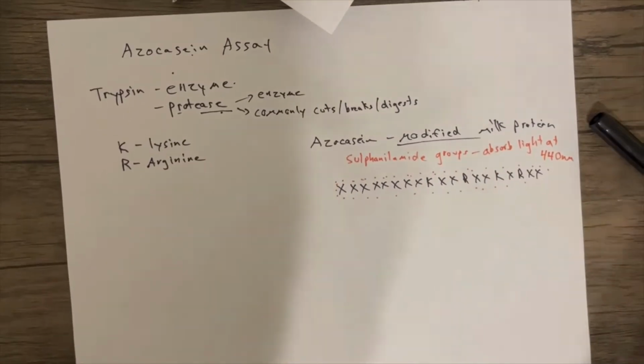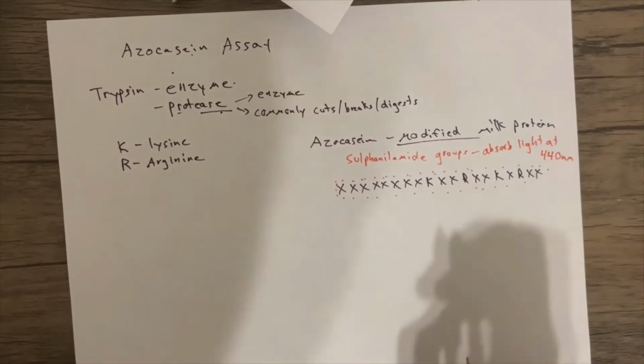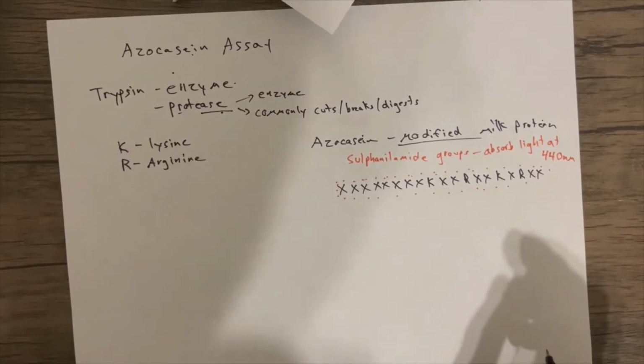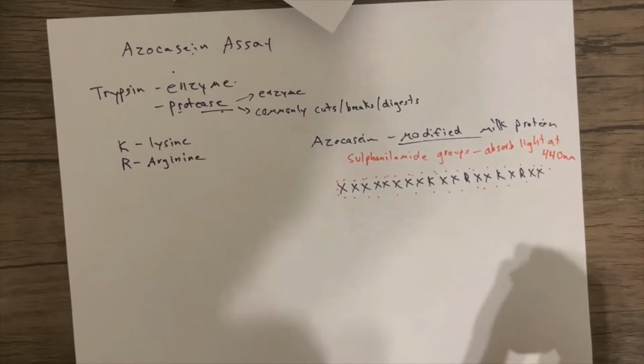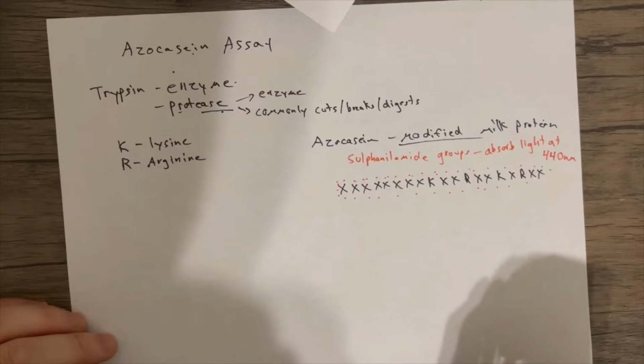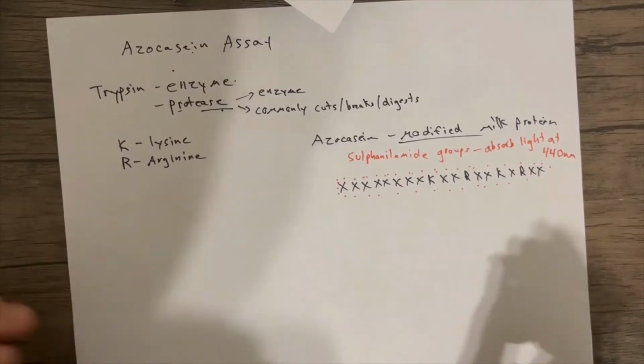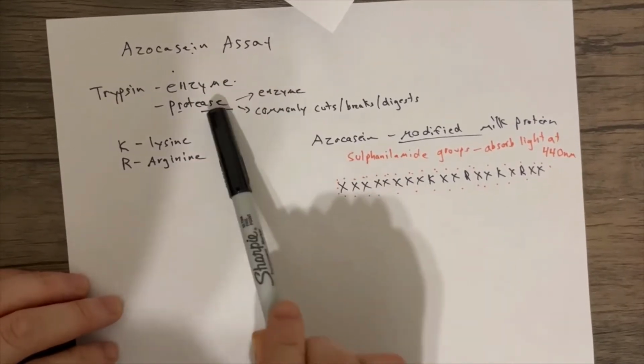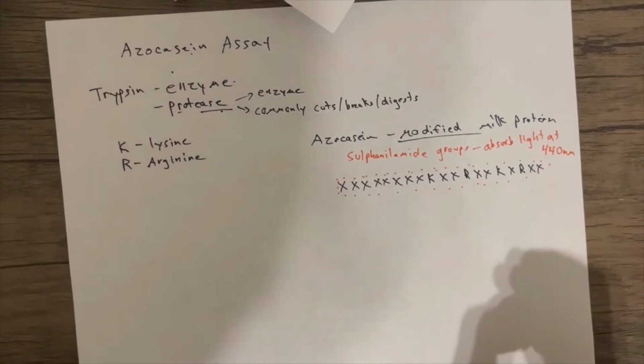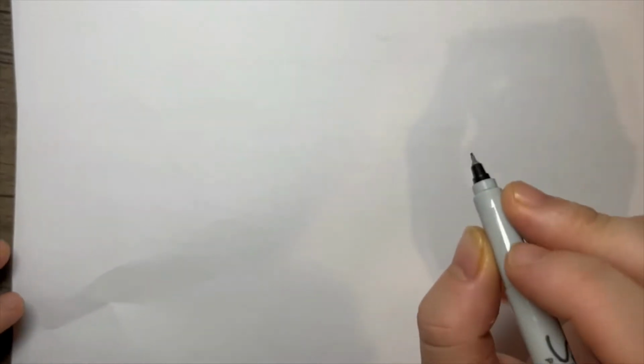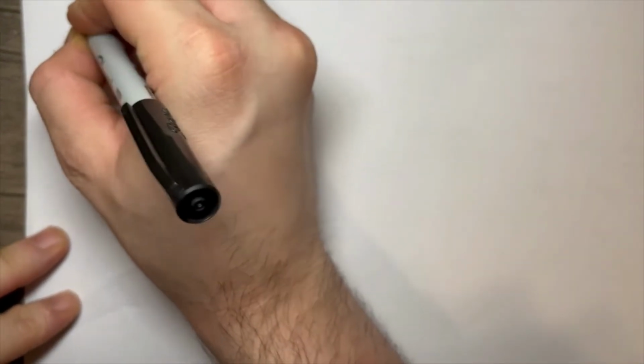So given all this information, we can create an assay out of this to determine the optimal temperatures and pH that trypsin works at, or functions best at, or can cleave azocasein most efficiently at. So in order to understand how this assay works, let's imagine a situation where trypsin can work as best as it can, under its optimal conditions.